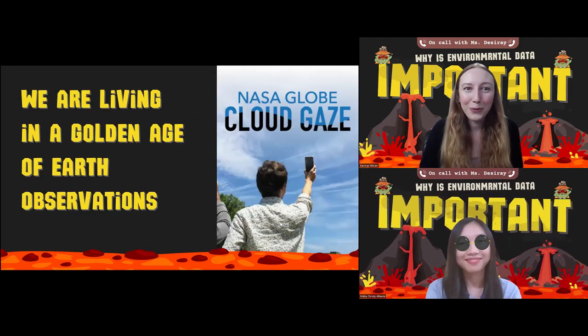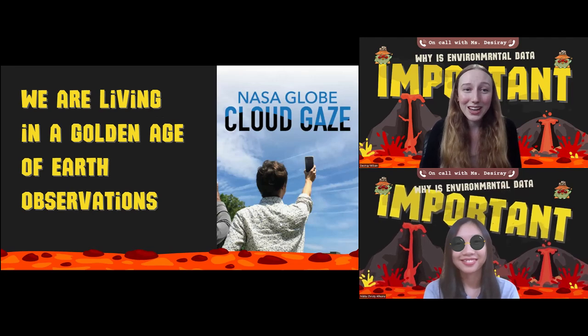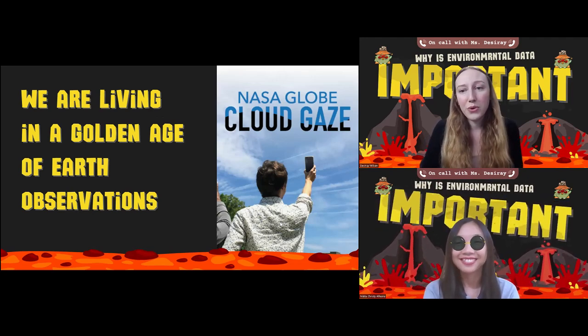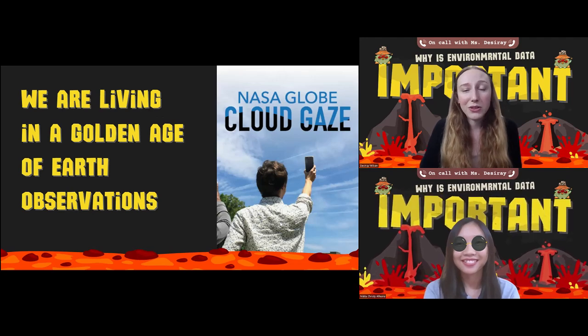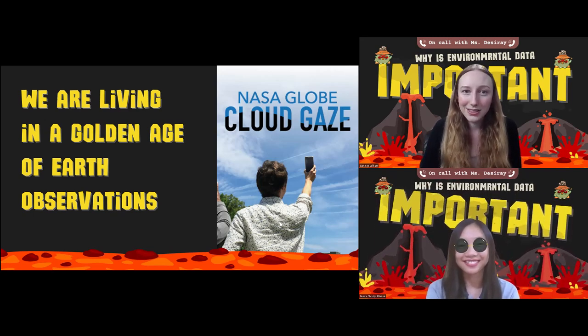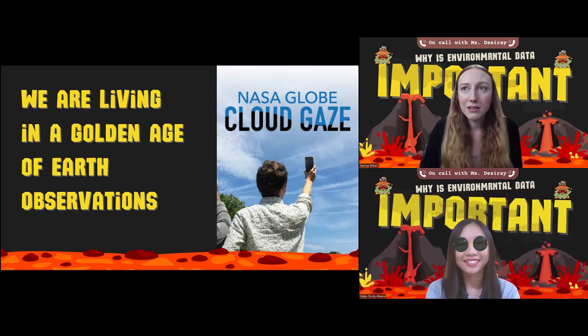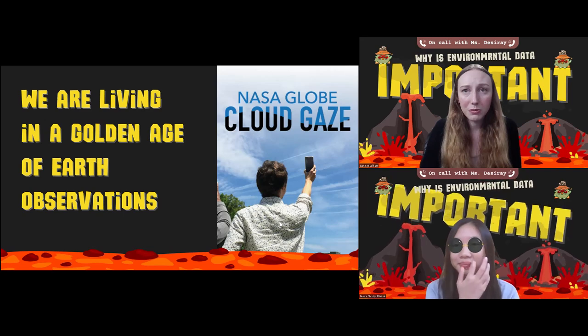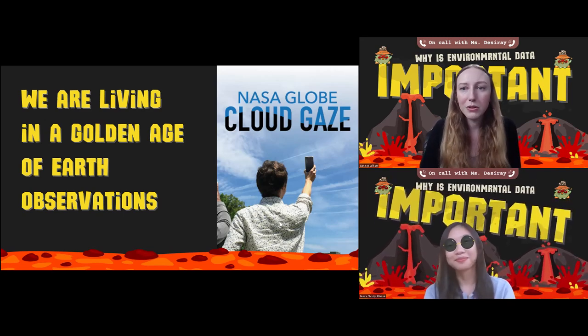So we are really living in a golden age of Earth observations. It's true. We have more data about the Earth than we've ever had in the history of Earth. There's just petabytes of data, and we can use it to do all sorts of things, to prepare for the future, solve problems.